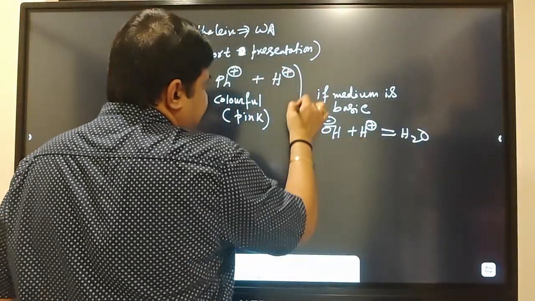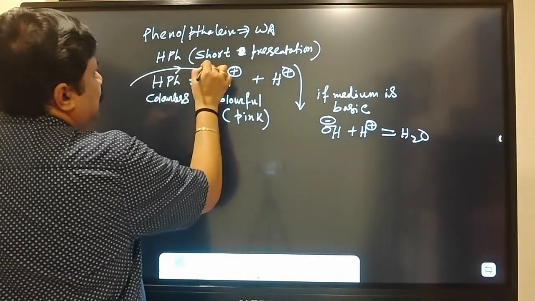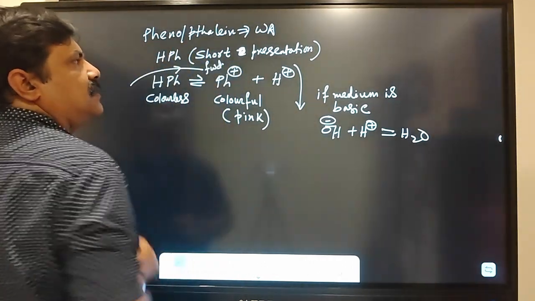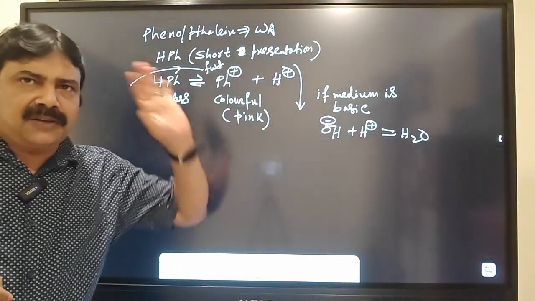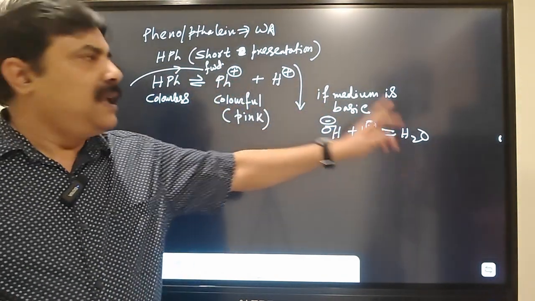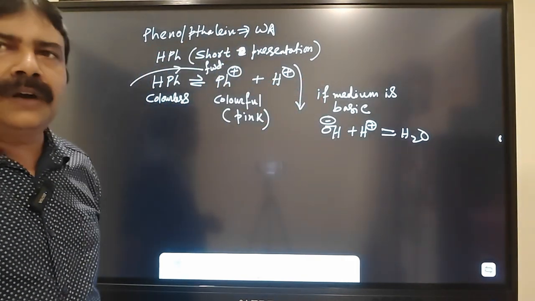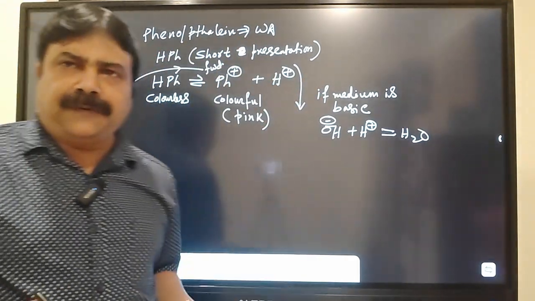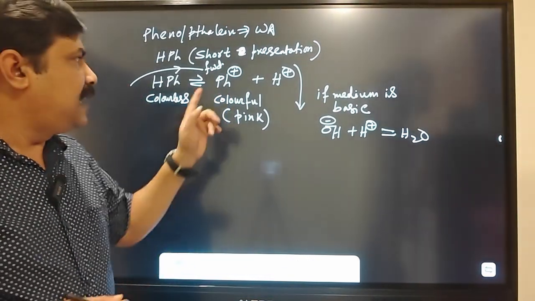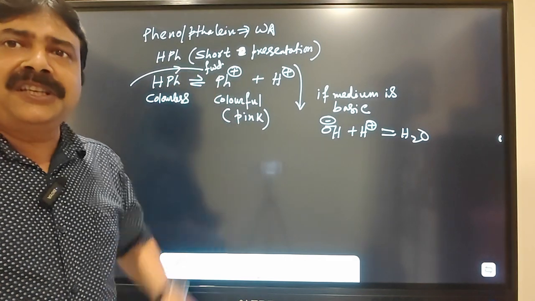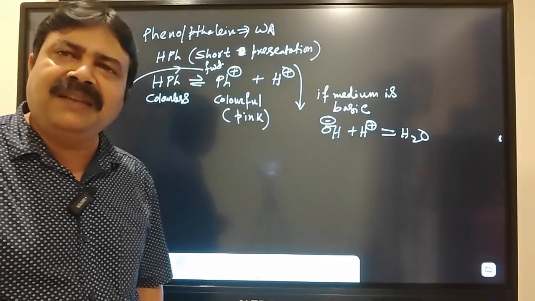That's why the H plus concentration decreases. Then the reaction will go in which direction? Forward direction. So whenever the medium is basic, OH minus will react with H plus, water will form and H plus concentration decreases, and the reaction will proceed in the forward direction. That means the protonated form of phenolphthalein will be converted to the unprotonated form, that means the protonless form, which is pink color. That's why phenolphthalein gives pink color in a basic medium.